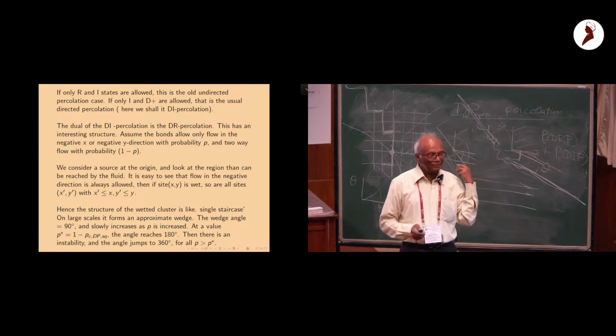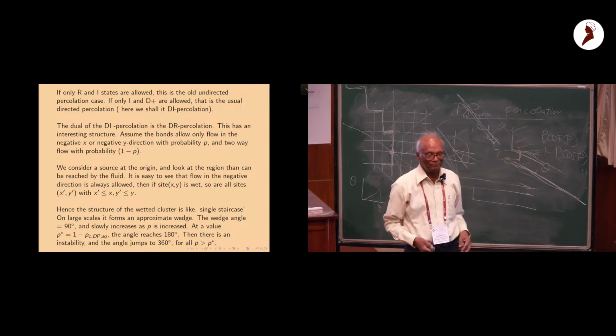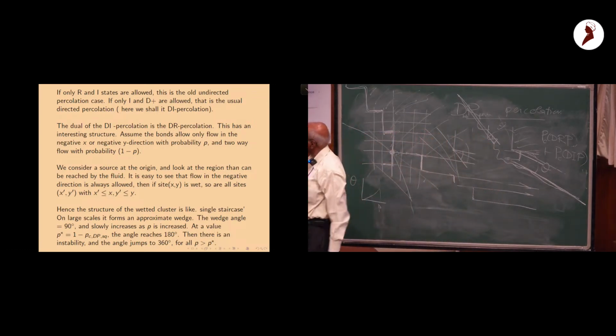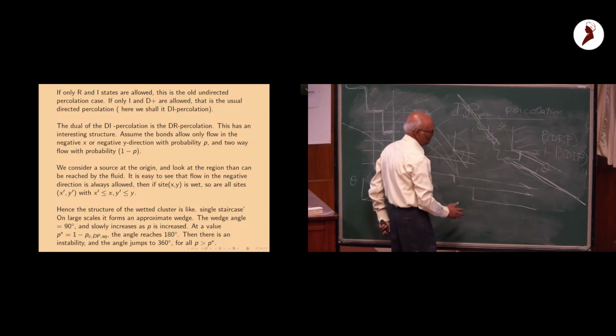Right now, when I was speaking, all the diodes were forward biased. They allowed things to flow in the positive direction. When I was writing this, I allowed them to flow in the negative direction. So there is a confusion of notation. But anyway, the point is that a site which is wet, then it wets everything in the forward quadrant in this notation.